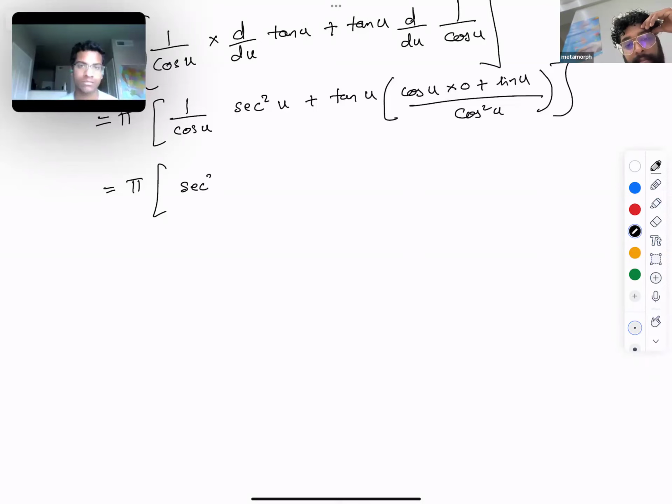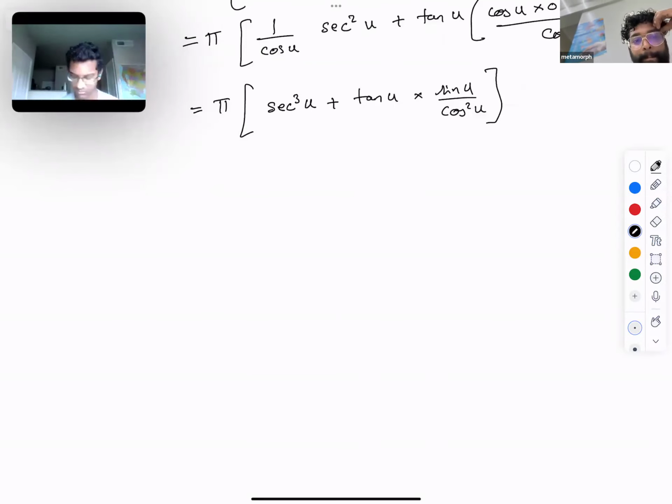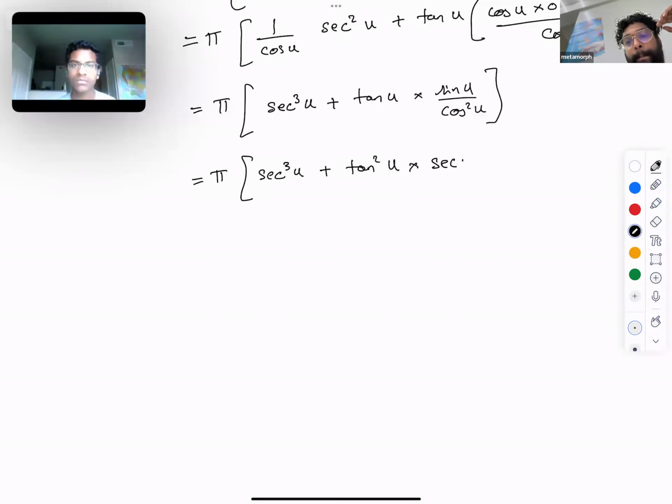Sec cubed u plus tan u into sin u over cos squared u. All clear till here? Yes. Okay. So pi sec cubed u plus tan squared u into sec u.